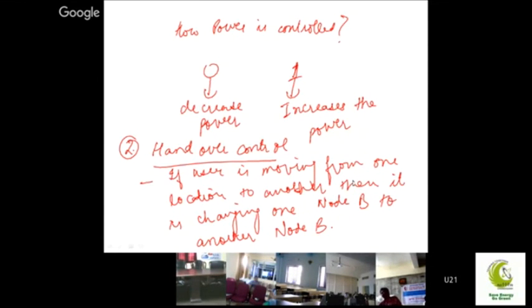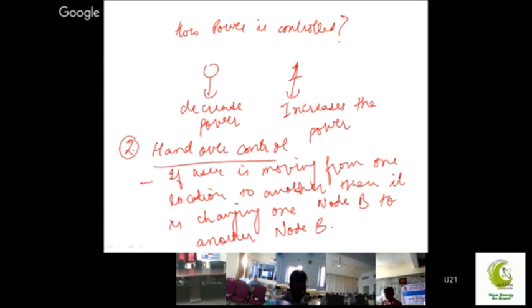It is handover. That is, the network is handing me over from one Node B to another Node B, such that my call is not dropped, my conversation is not lost, and I am not facing any problems.